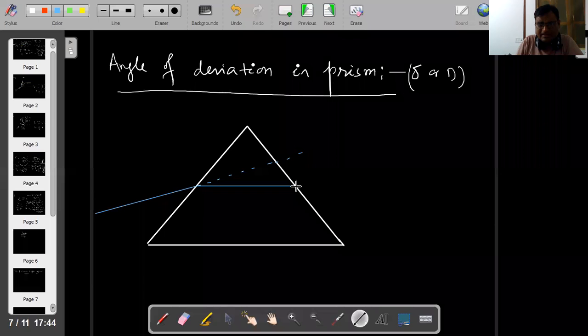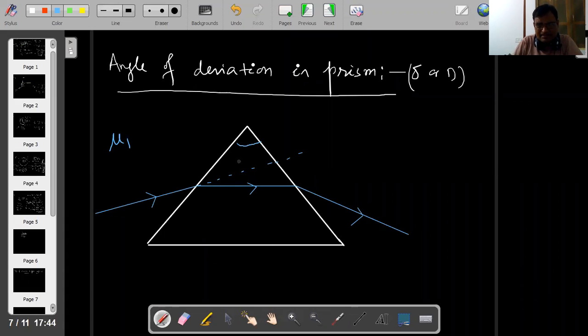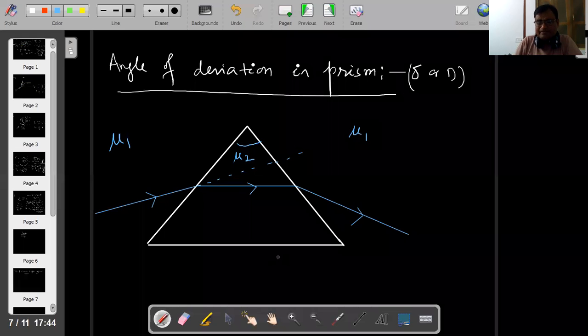Again here bending occurs. Why does bending occur? Due to change in its medium. This medium has refractive index mu1, the rarer medium. This is the denser medium, mu2. Again this is mu1, the rarer medium.